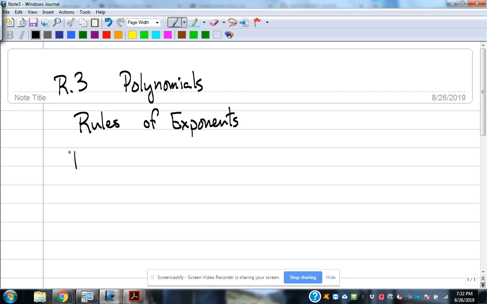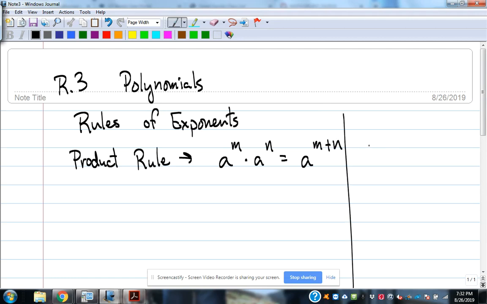So the product rule, not that you have to know the name of the rule, but product is what kind of math problem? Multiplying, okay? What's the rule for exponents? So like a to the m times a to the n. The base is the same. If the bases are the same and you're multiplying, the rule is that you add the exponents.